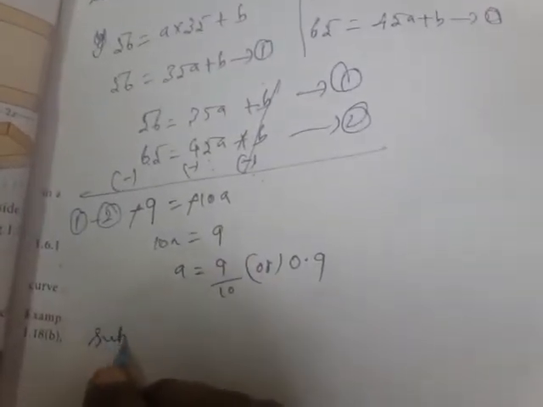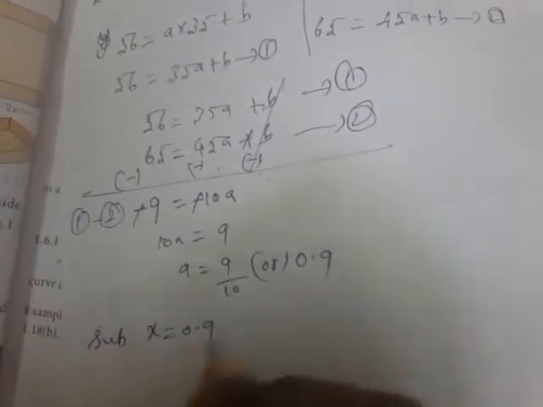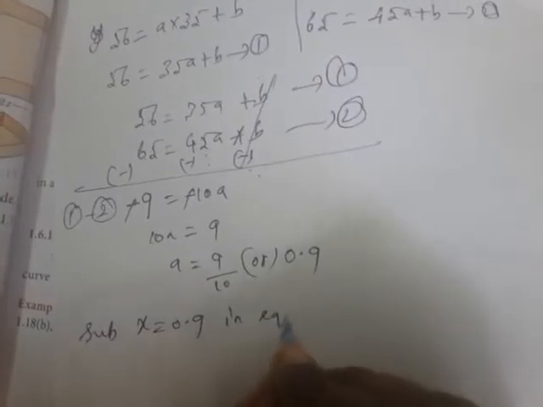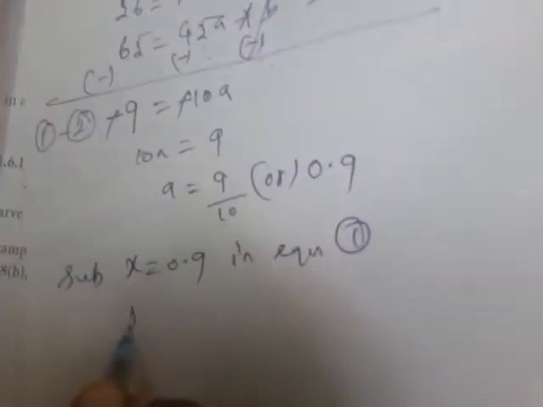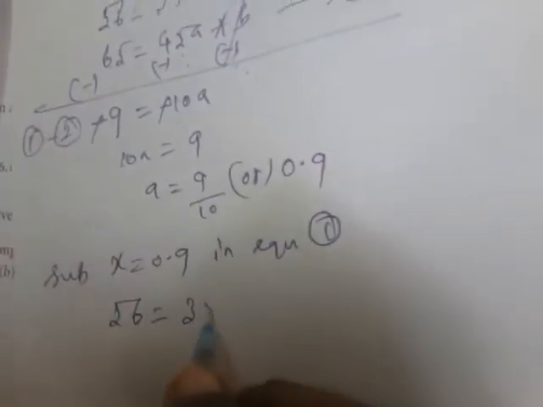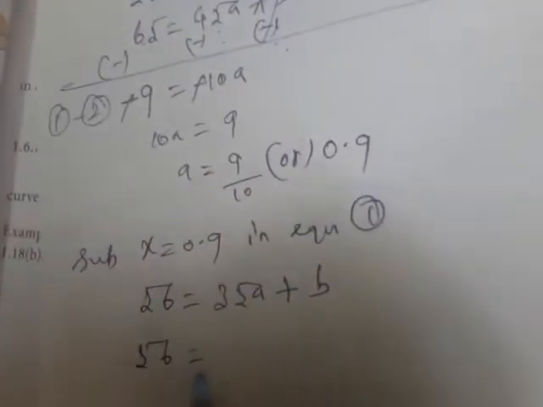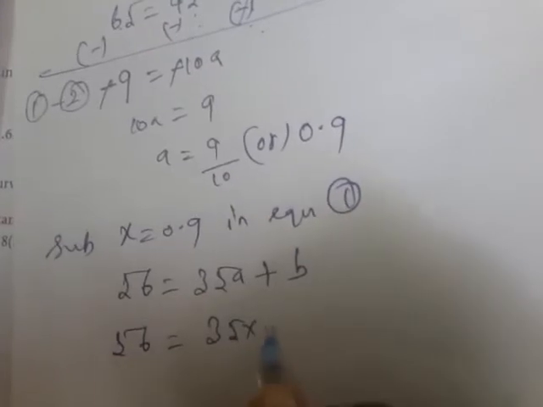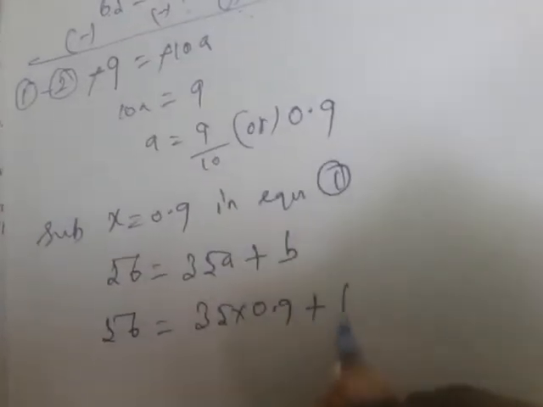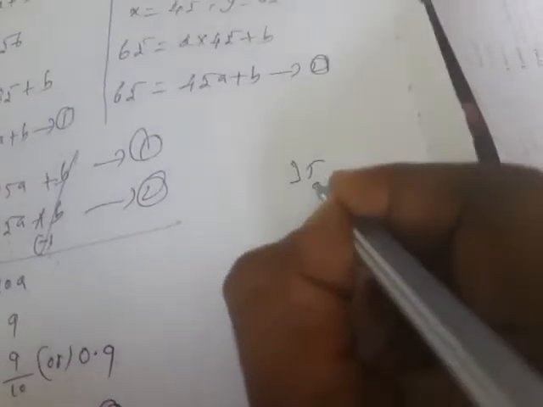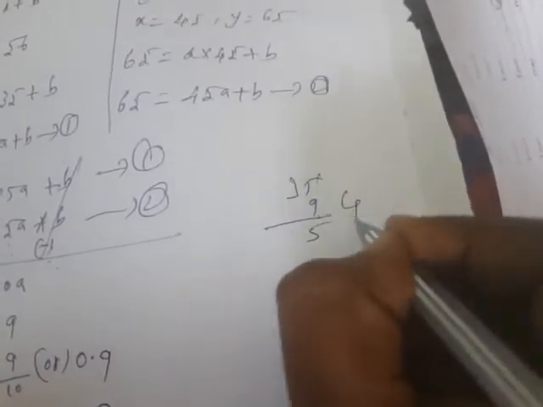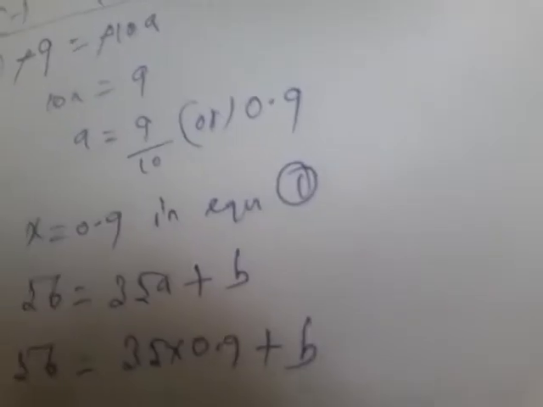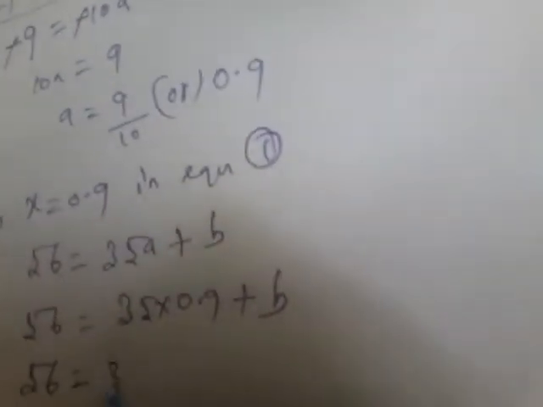Substitute a equal to 0.9 in equation 1. So equation 1 is 56 equal to 35a plus b. So 56 equal to 35 into 0.9 plus b. 35 times 9: 9 fives are 45, remaining 4; 9 threes are 27, plus 4 is 31. Put the decimal point after one digit: 31.5. So 56 equal to 31.5 plus b.